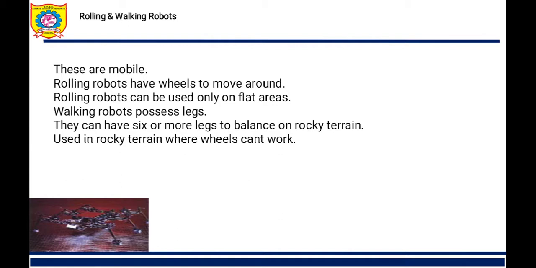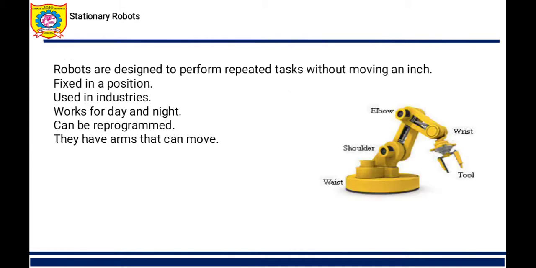When I talk about a walking robot, it should have legs, as shown in the figure. This walking robot can move on rocky terrain also because it has more than two legs. You can see in the picture it has 6 legs. They can have 6 or even more legs in order to balance themselves on rocky terrain. Over there, rolling robots won't work. That's why walking ones are there.